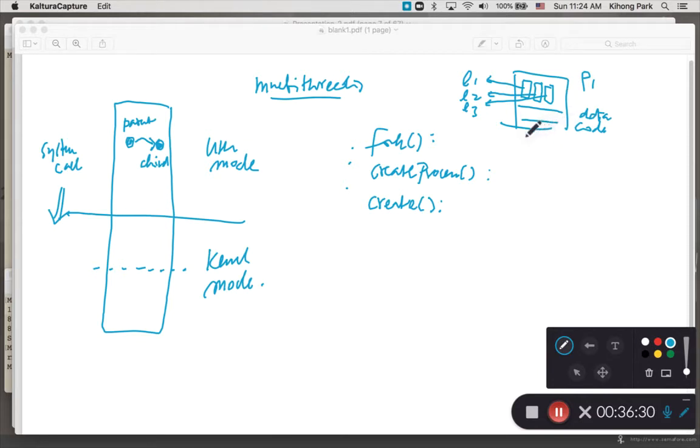This need not be implemented like what I just said earlier. It can be implemented entirely in user mode, in user space. We sometimes call this user land. You see these kinds of terms being used, which means that when you fork a child, you don't fork a child by making a system call.